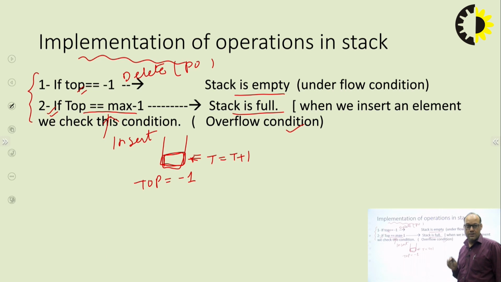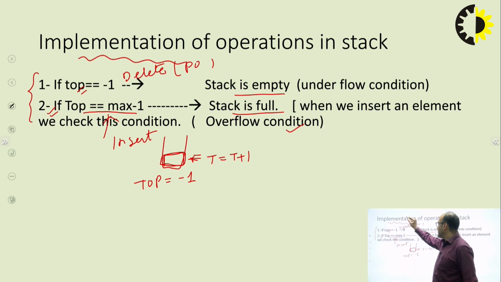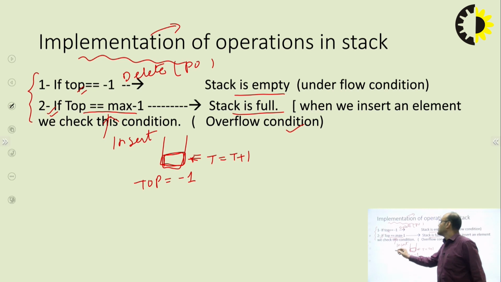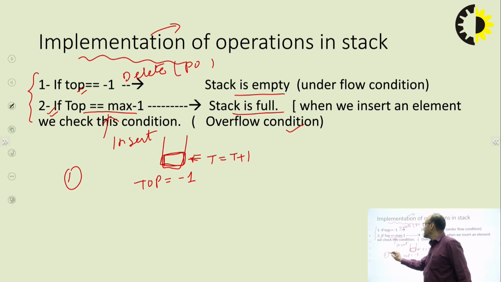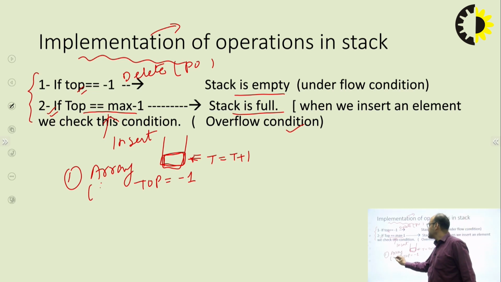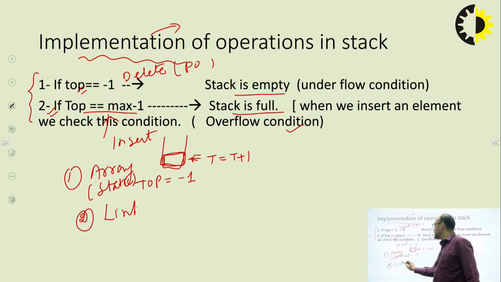The question arises now. Basically there are two types of implementation possible with the help of a stack. The first implementation is with the help of an array, which we call array implementation. That is my static implementation. The second implementation is with the help of a linked list. That implementation is dynamic.